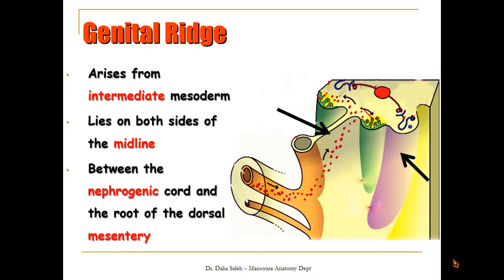So again, this is the dorsal aorta in the middle, and this is the dorsal mesentery, through which the intestine is suspended to the posterior abdominal wall. So this is the midline. On either side of this midline lies the genital ridge. So the genital ridge is part of the intermediate mesoderm that lies between the root of the mesentery and the nephrogenic cord, where the mesonephric kidney will develop in this region.